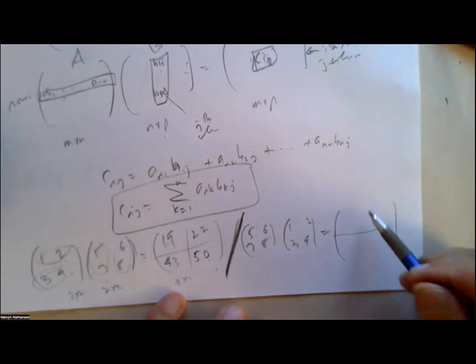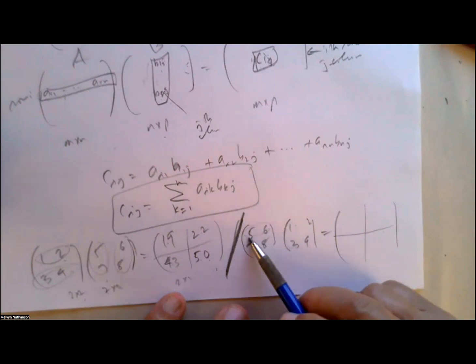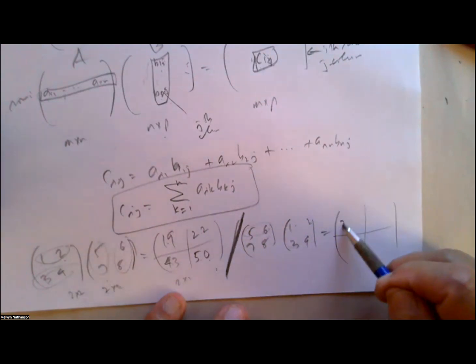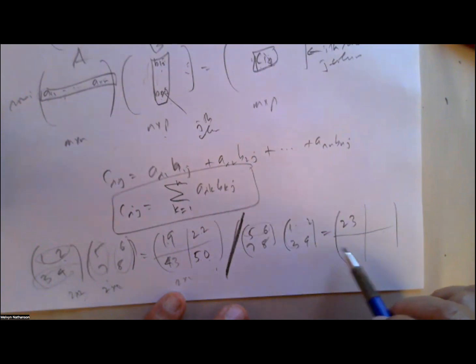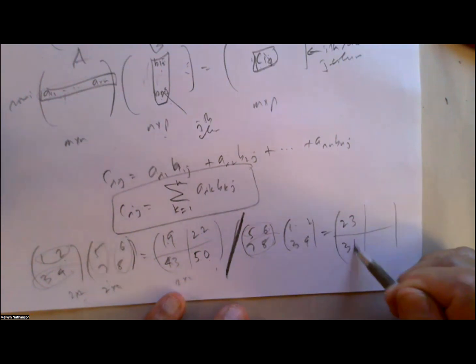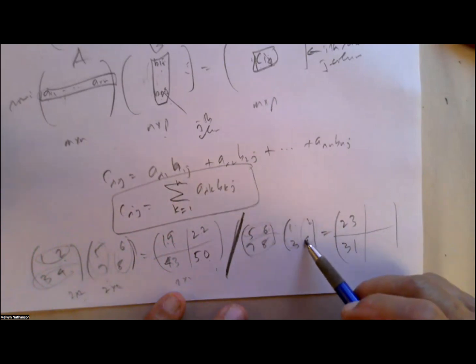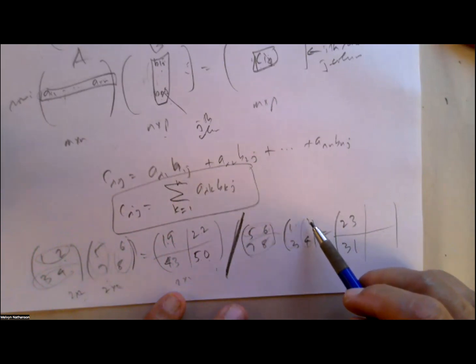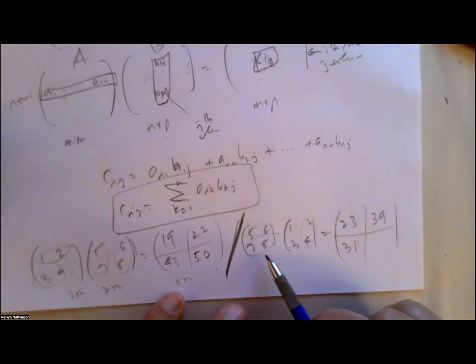What do I get? If I multiply the first row into the first column, I get 5 plus 18 is 23. If I multiply the second row into the first column, I get 7 plus 24 is 31. If I multiply the first row into the second column, I get 10 plus 24 is 34.